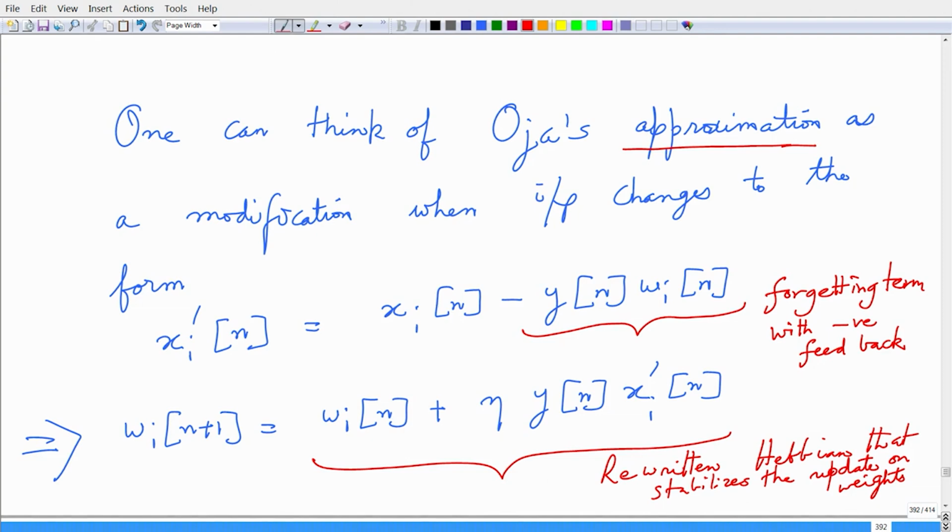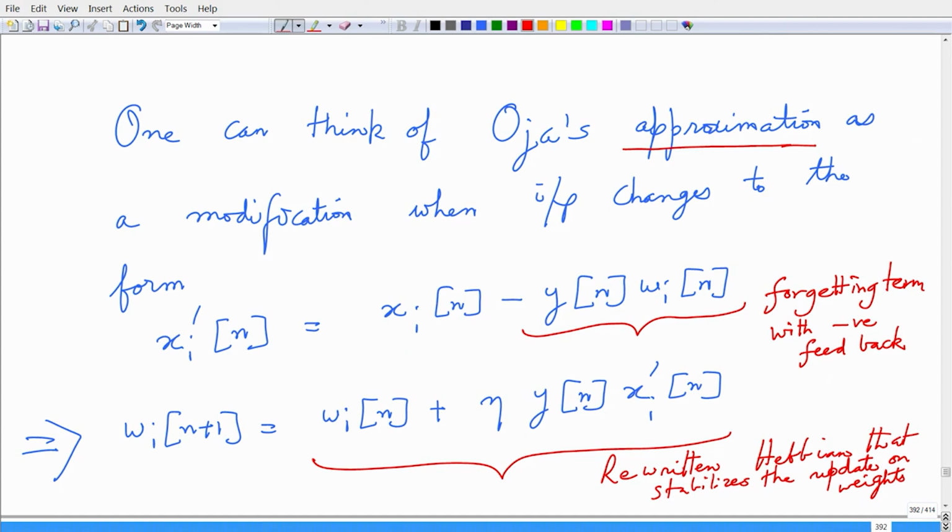And this is giving rise to a stable solution under a modified or rewritten Hebbian update that stabilizes the weights. So, Wi at time step n plus 1 is Wi of n plus eta times the output y of n times a modification to the input as per this forgetting term.